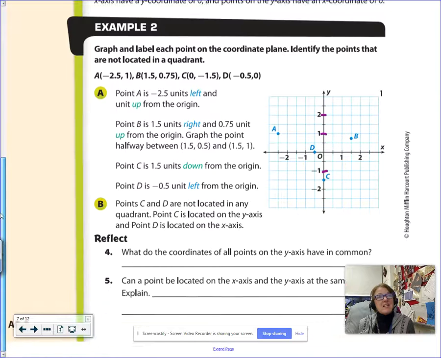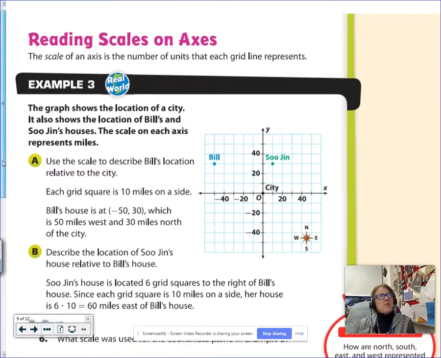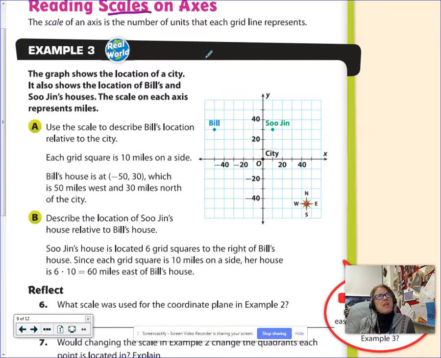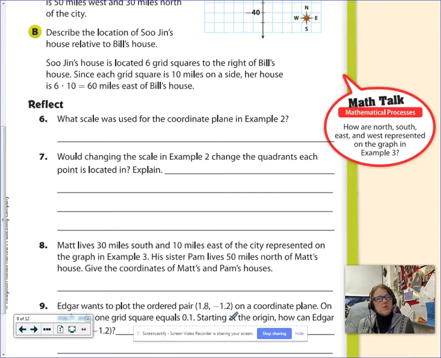Your assignment is to continue on this page, and likewise on this third page when they start talking about the scale, that's where we're talking about how much each grid line represents on here. As you can see, this doesn't go by onesies. You finish this page with those questions.